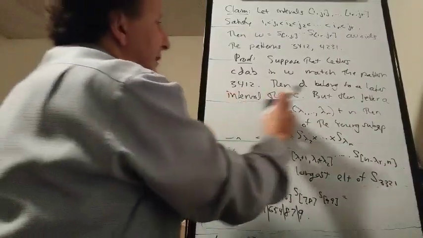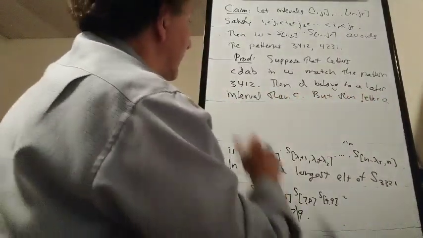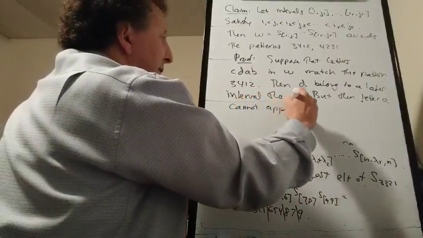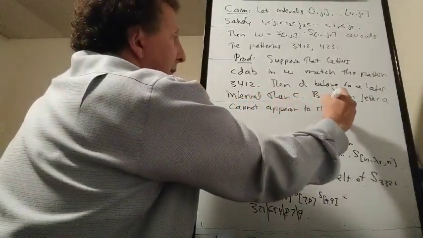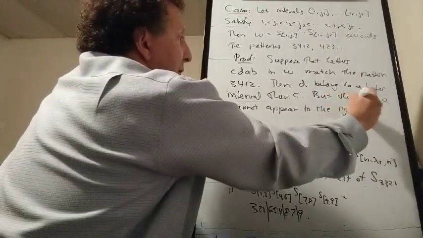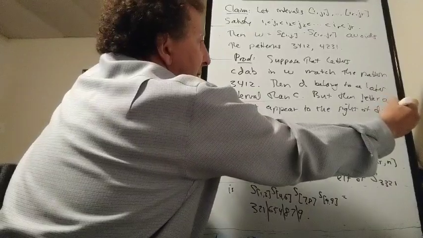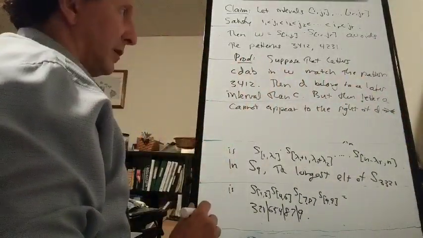So letter A cannot appear to the right of D. So we can't have this subword of W.